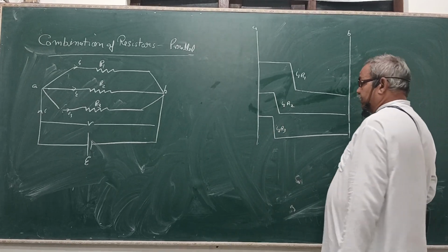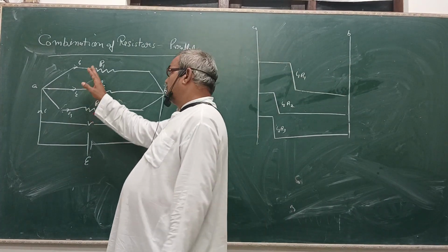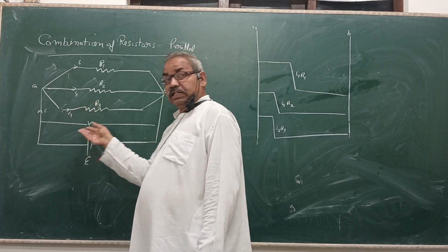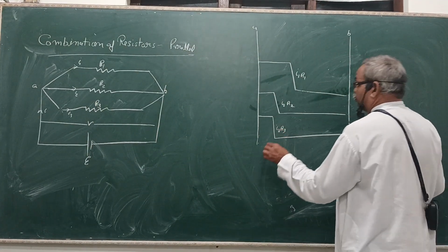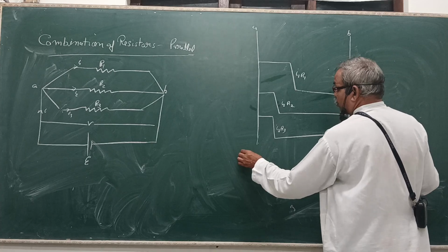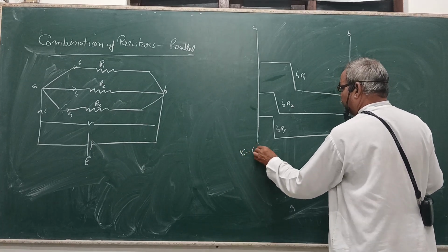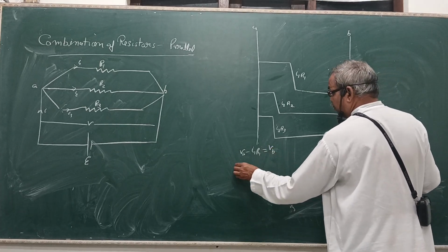Then the potential is defined: more than 3 resistances have both ends at the terminals, with variation of the electric current and constant potential. VA minus I1 R1 is equal to VB.